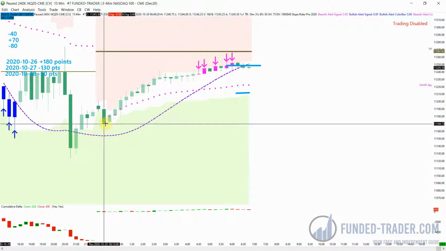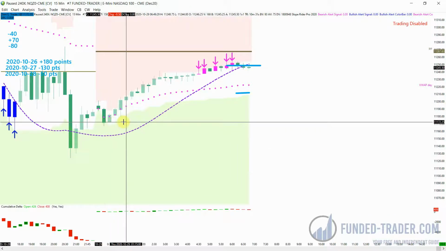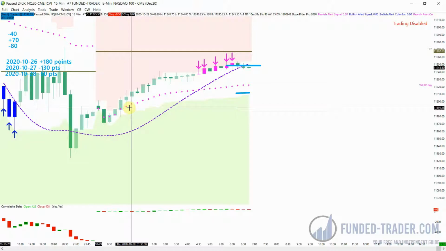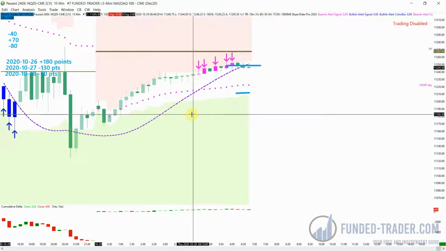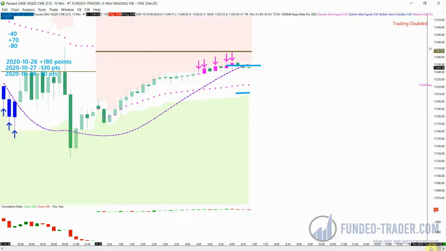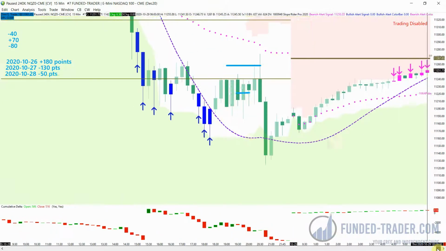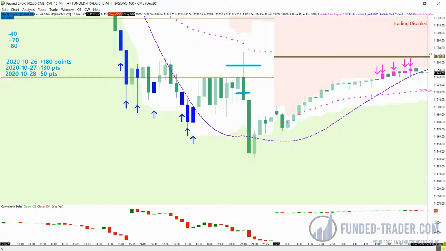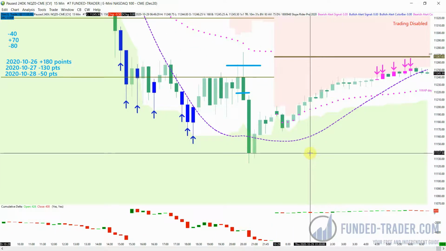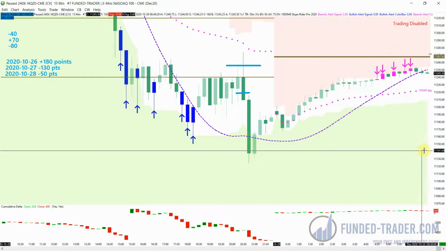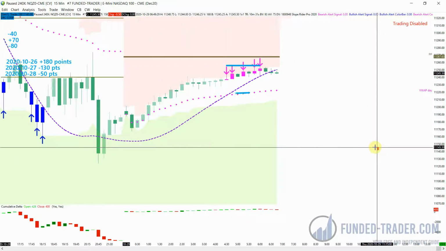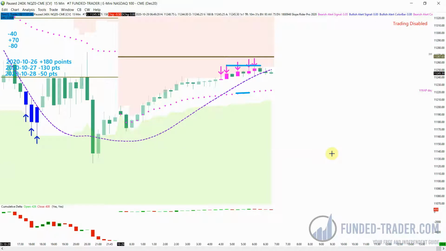This is the low for the day. Could say down at the open is a good place to take half profit, or the low from yesterday. Okay, let's say the low of yesterday.